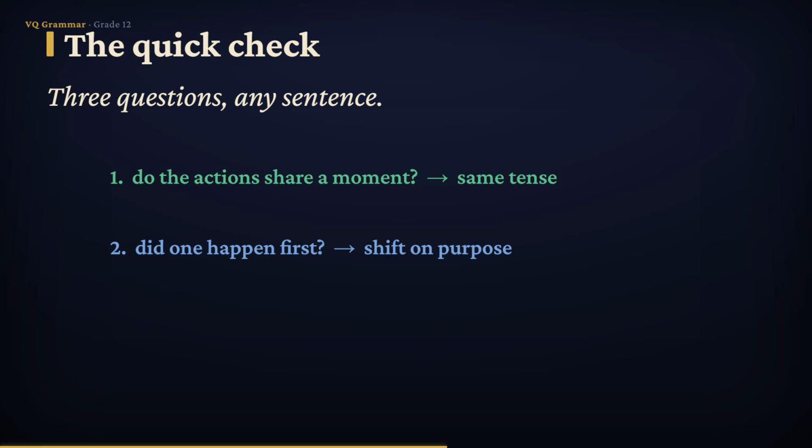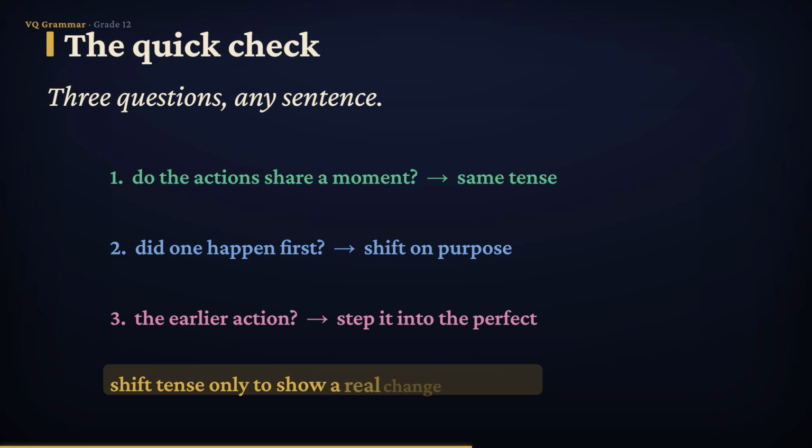For that earlier action, step it into the perfect tense, usually the past perfect with had. Run those 3 questions and you'll never shift by accident again. The whole lesson in one line. Shift tense only to show a real change in time.